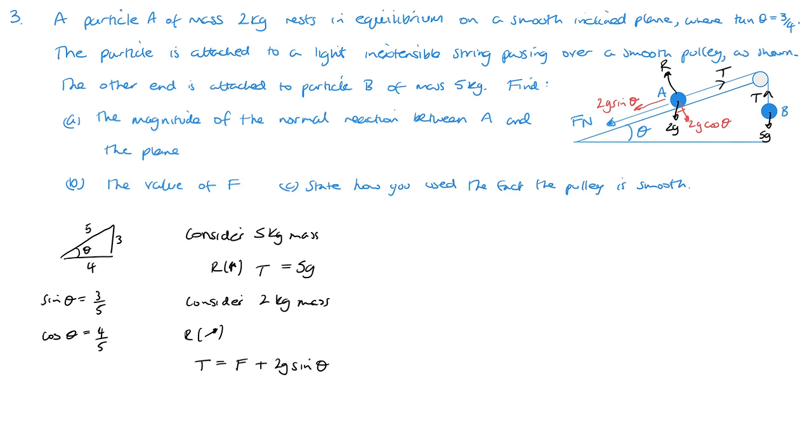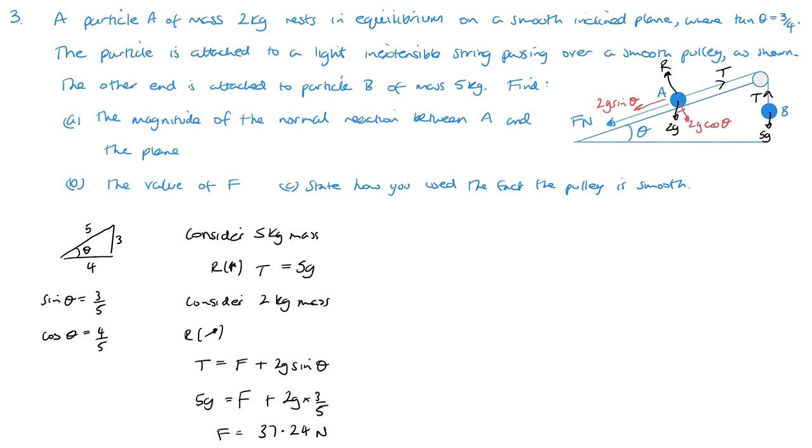Of course we have everything now except for F, because T is 5g, and 2g, and sine theta is 3/5. So we can rearrange for F, and F is 37.24 newtons, and that is exact.